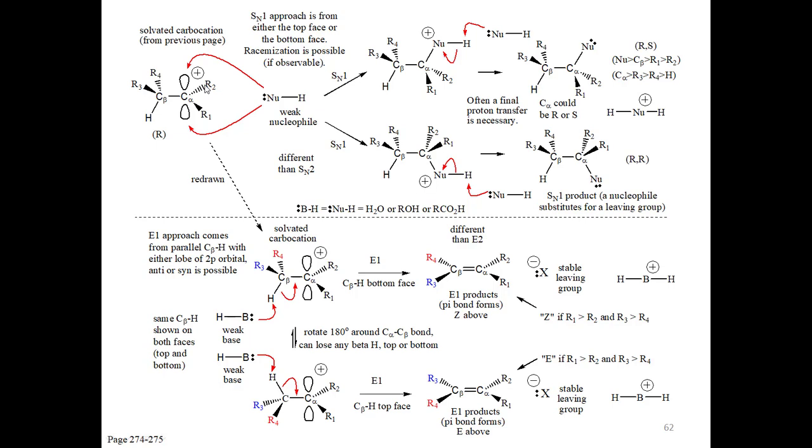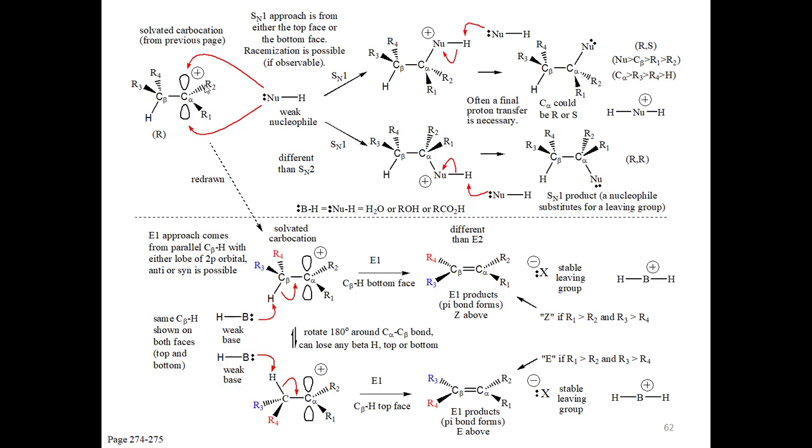Now I've redrawn the structure down here in a different way so that we can see the elimination. Notice I've only put one H here to keep track of because I could have multiple H's here or deuteriums and everything could be different for each one. So we're just looking at one. For this one H, we could lose it from the bottom so that the electrons come in and form a pi bond in this direction, and that's going to lock in R3 on the same side as R1.